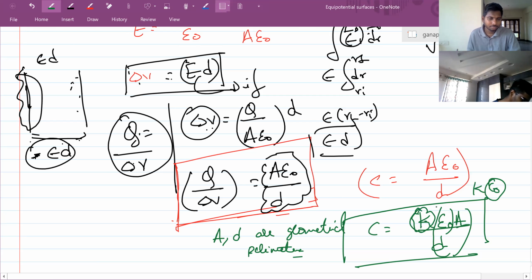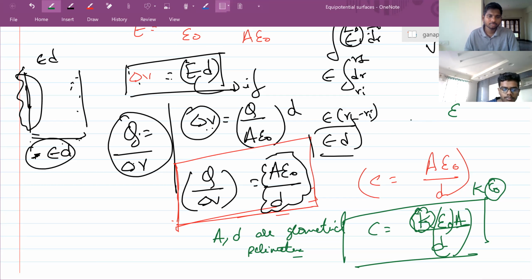The relation was epsilon is equal to epsilon naught K. E there is the permittivity of that medium, and K is the dielectric constant of that medium. So we can write epsilon is equal to epsilon naught epsilon R, and that epsilon R is nothing but K, the dielectric constant.